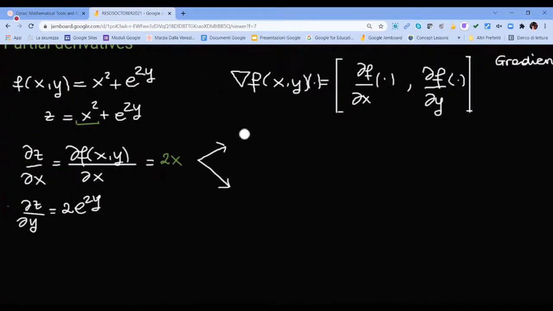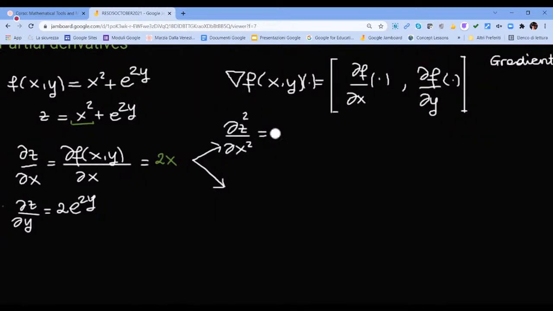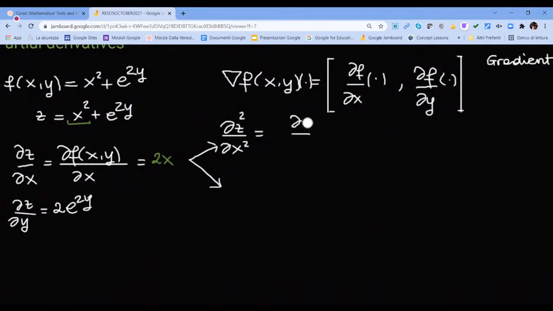So we will have d squared z over dx squared. That means that it is the derivative with respect to x one more time.